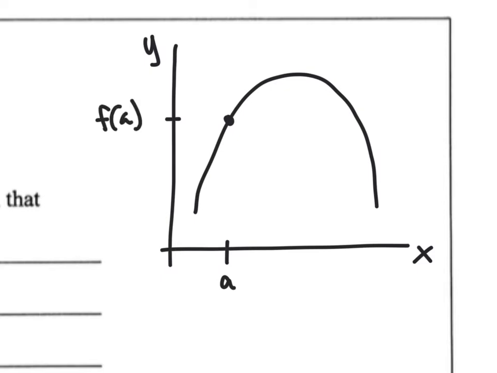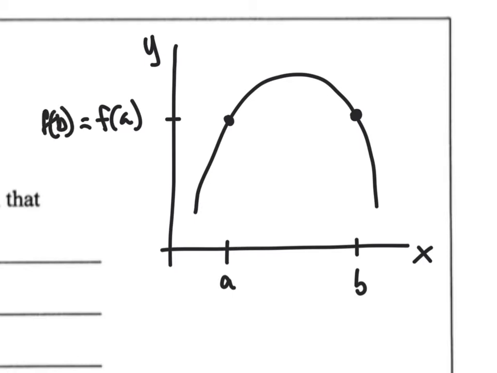Okay, and if I find another point on here, let me call this b, such that this point right here is also equivalent to f of a. So I'm going to call that f of b.